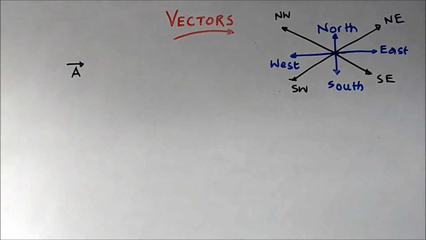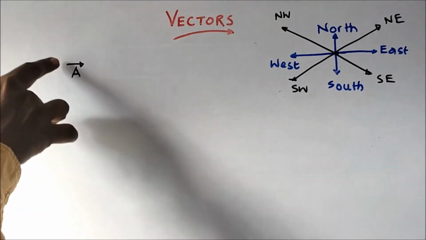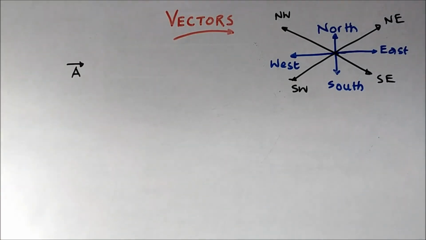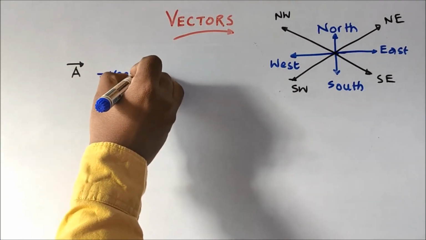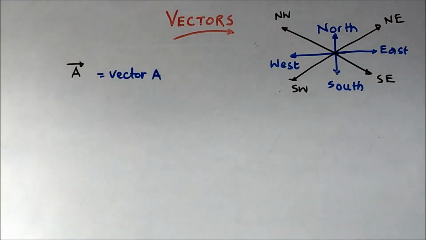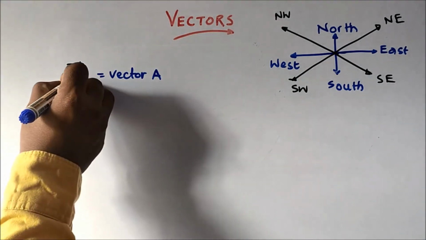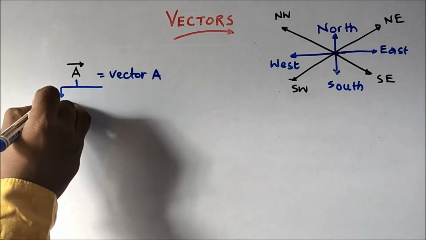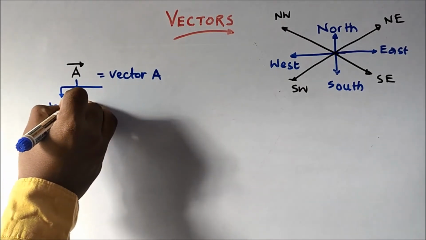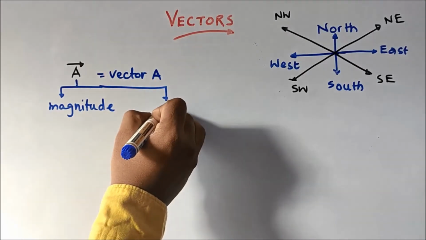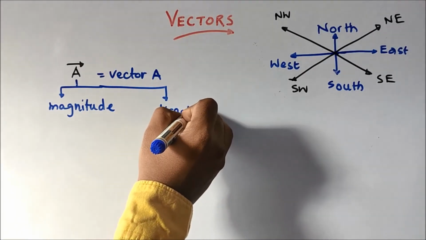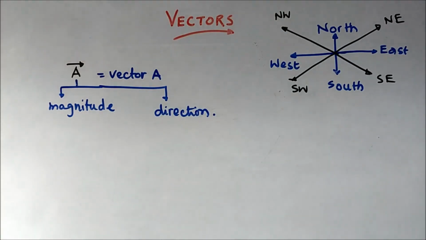A is represented by writing the letter A with an arrow above it. We read it as vector A. This vector A consists of two things: magnitude and direction.